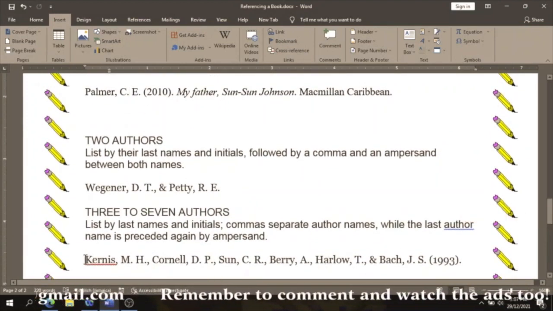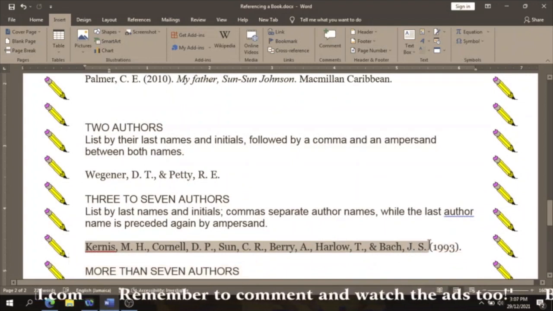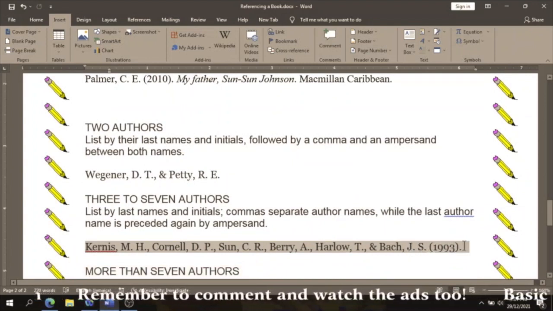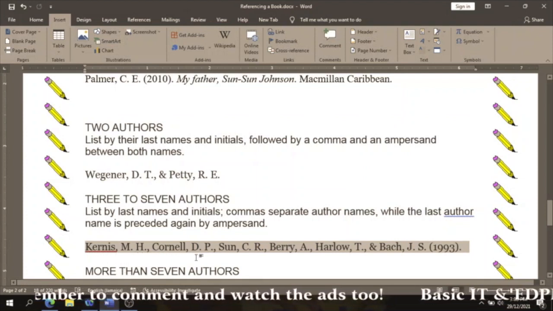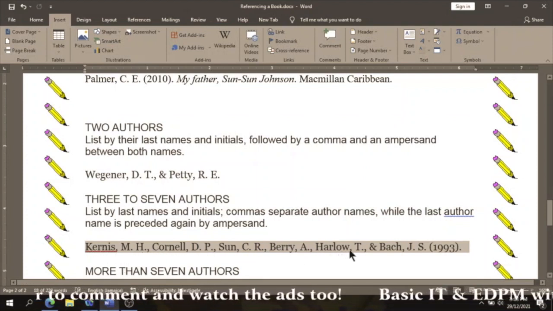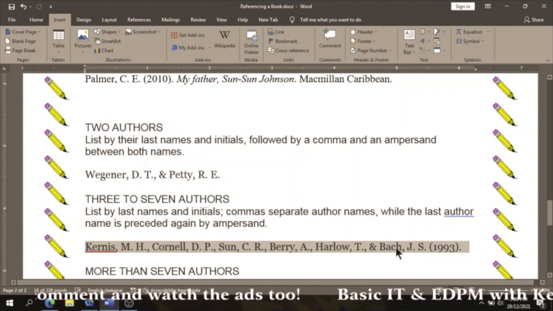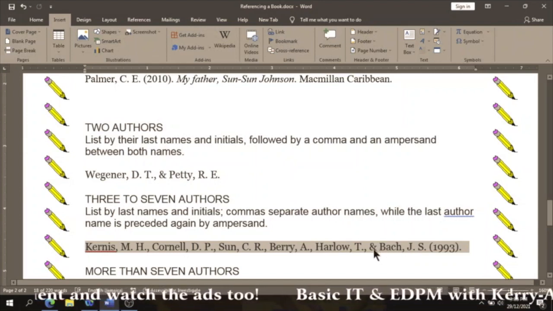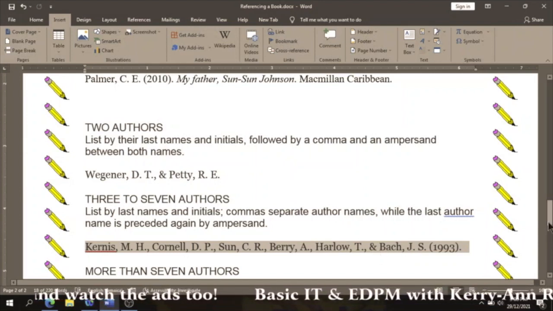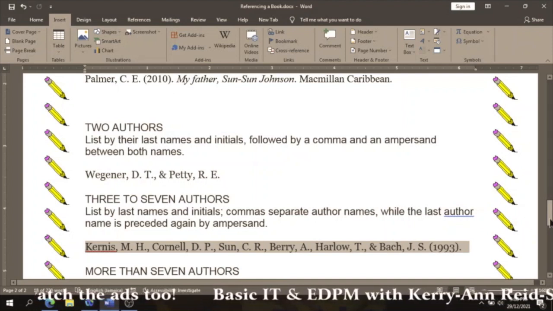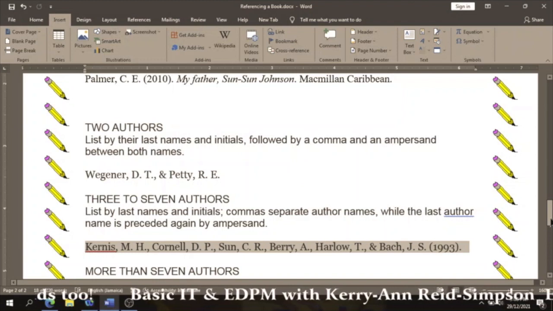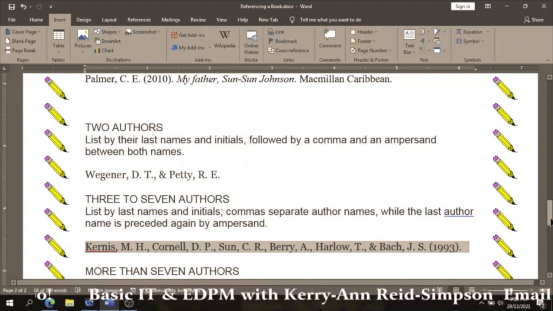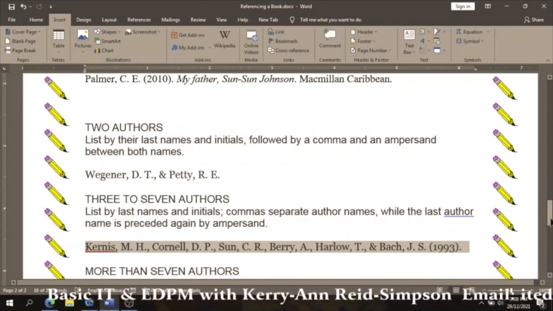I'm going to highlight it and show you exactly what it is I'm talking about. So you'd have the names of the authors there, and before the last author you have the ampersand there. Of course, a comma will follow all the names before the last author.